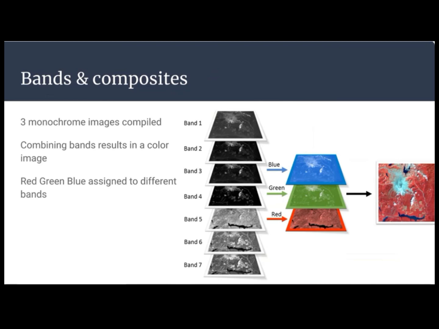So if you take those 3 bands and put them in their corresponding RGB slots, red, green, blue, then you get a true color image, and it will just look like a photograph. It'll look like how it does in the real world, because the red, green, and blue are going to combine like they do in the real world.